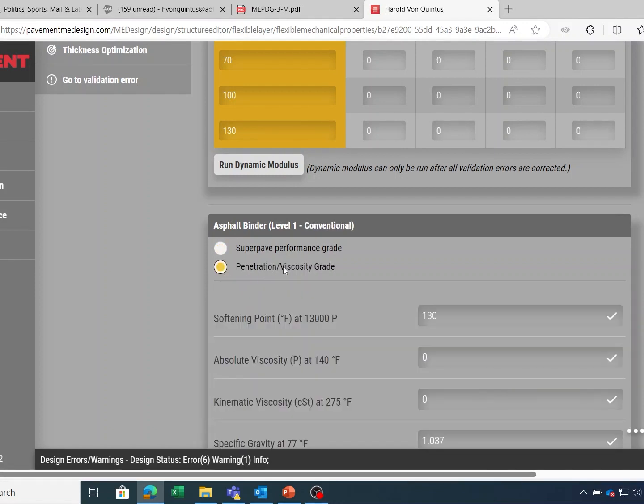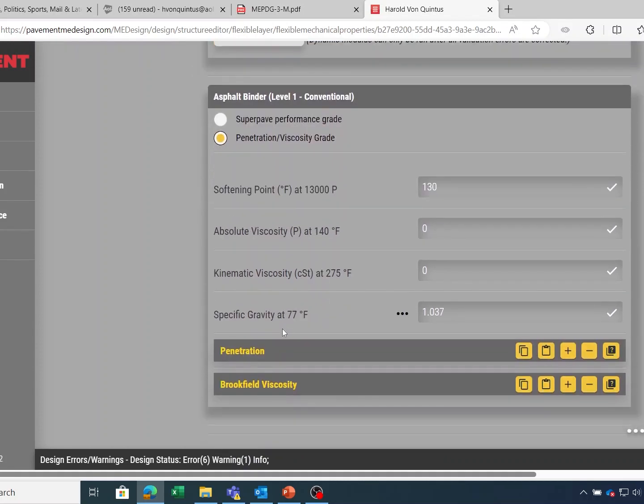And then if there's a penetration and viscosity grade, the same values are entered as for the wearing surface.